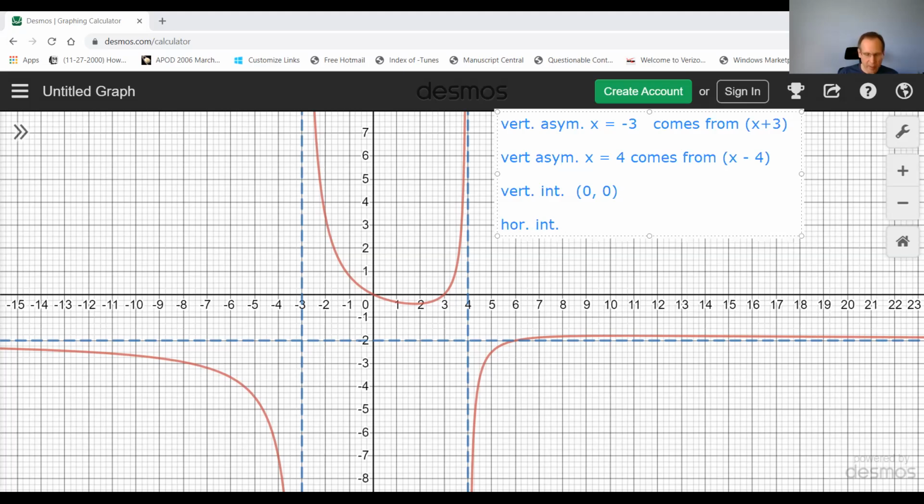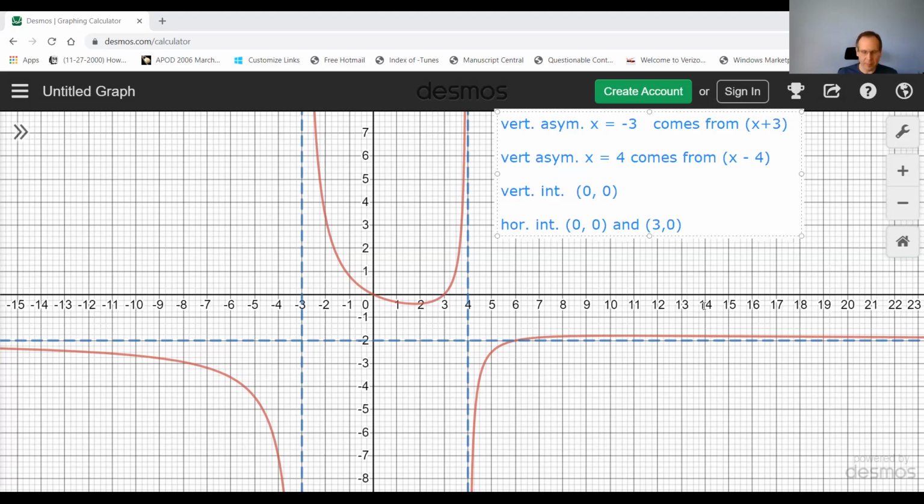Looks like I have 2 of them, right? Actually, 0, 0 is again a horizontal intercept because that's where it's crossing the x-axis. And also, I guess, 3, 0.